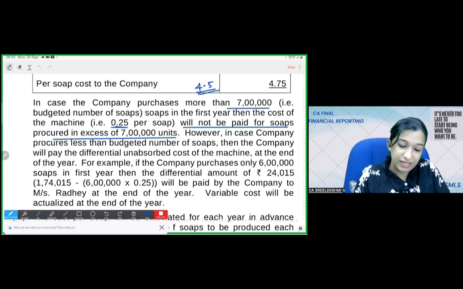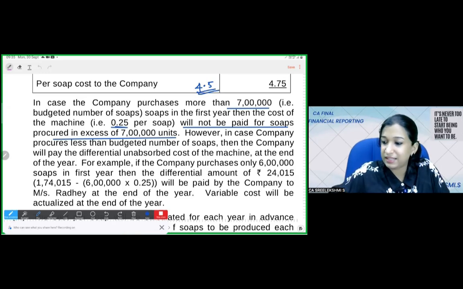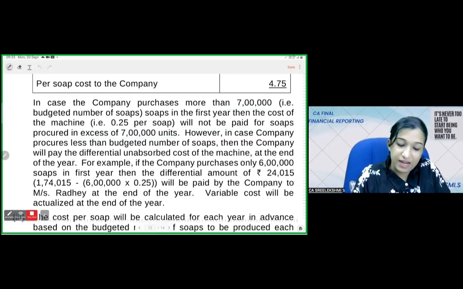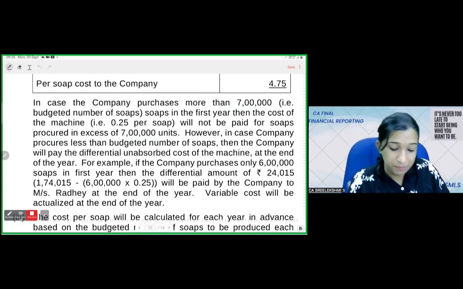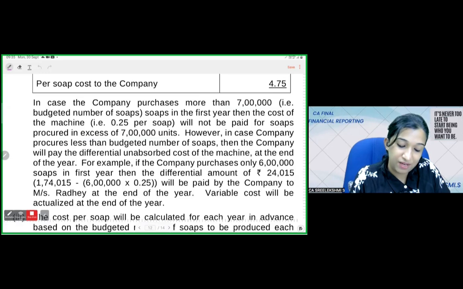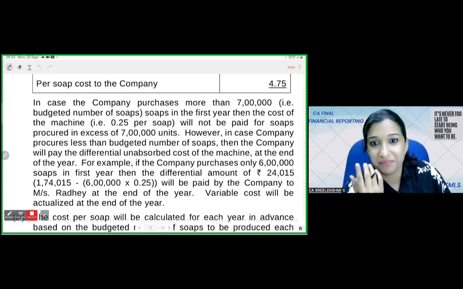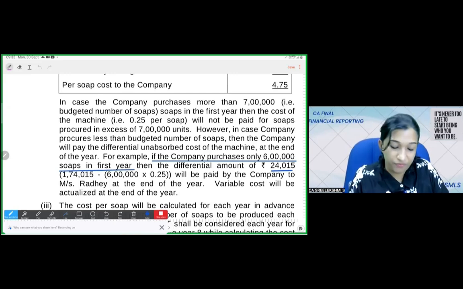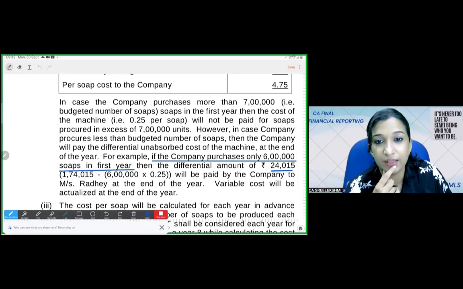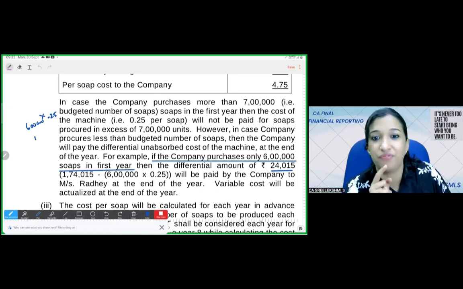So if only 6 lakh units are bought, 6 lakhs into 0.25 is 1 lakh 50,000 only that will be collected, but my cost of asset is 1 lakh 74,015 per year. So the difference of 24,015 will be charged from the customer. That is the arrangement between the company and Radhe and Feel Fresh.